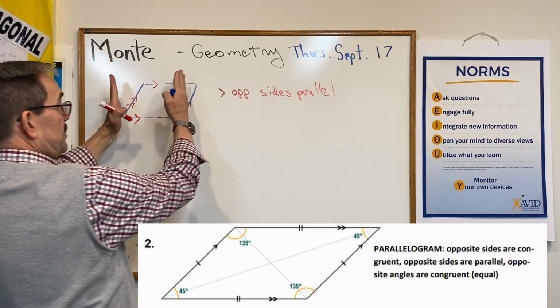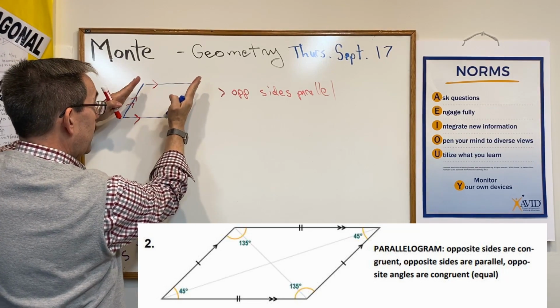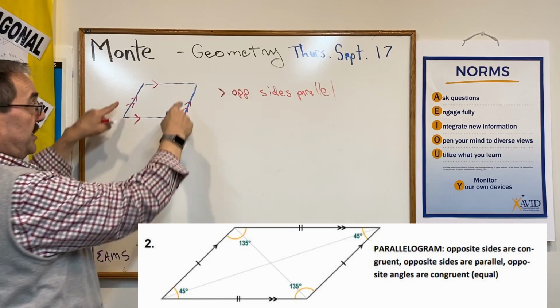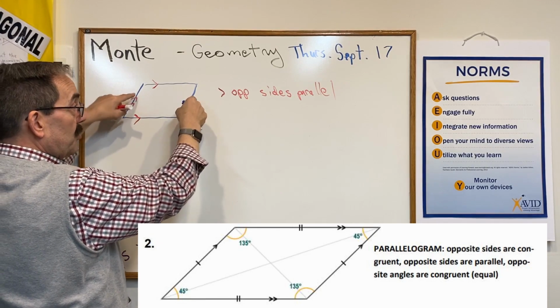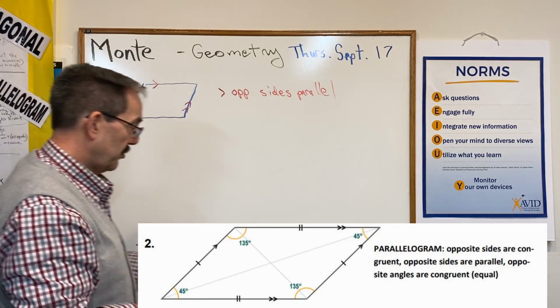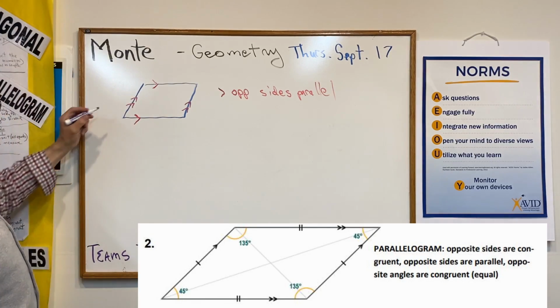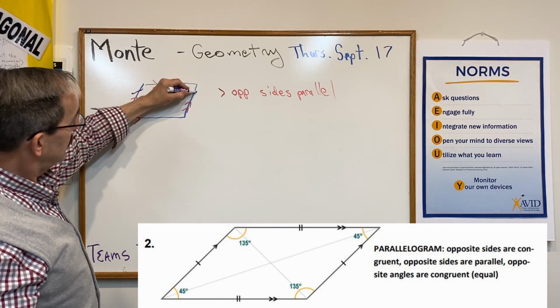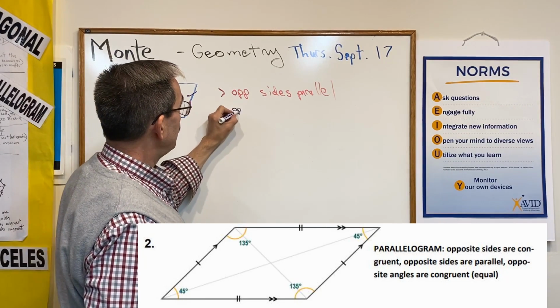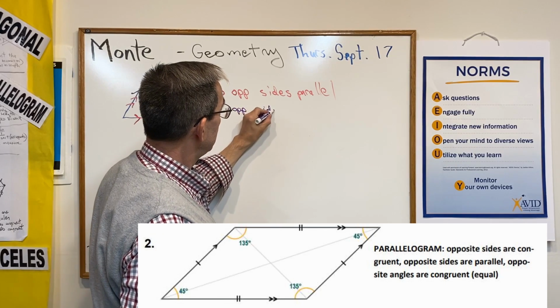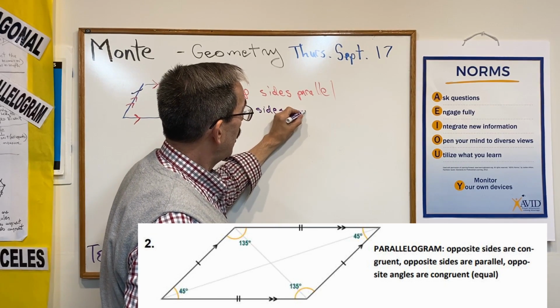Now, it was a square. We leaned it. That means these sides are congruent. Those sides are congruent. So let's do that. Congruent is a hash mark. Opposite sides are congruent.